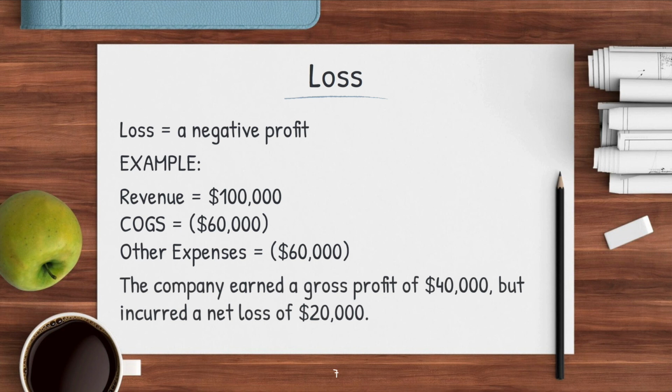So the company earned a gross profit of $40,000, but incurred a net loss of $20,000. And something else to notice here, usually for profit, we use the verb earn, and for loss, we use the verb incur. So they earned a profit, they incurred a loss.